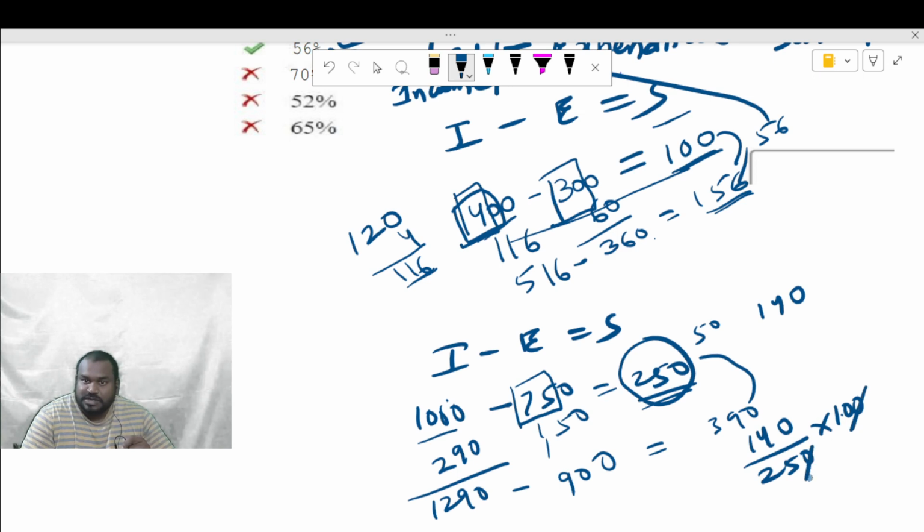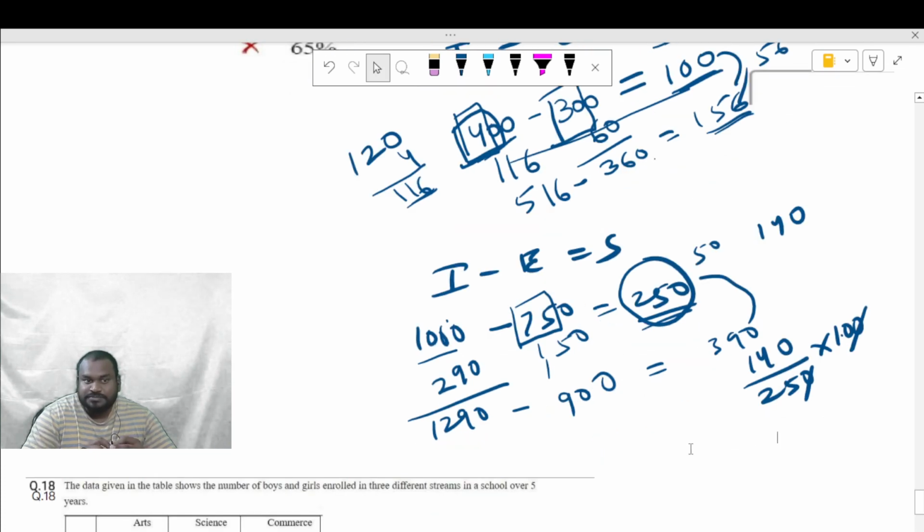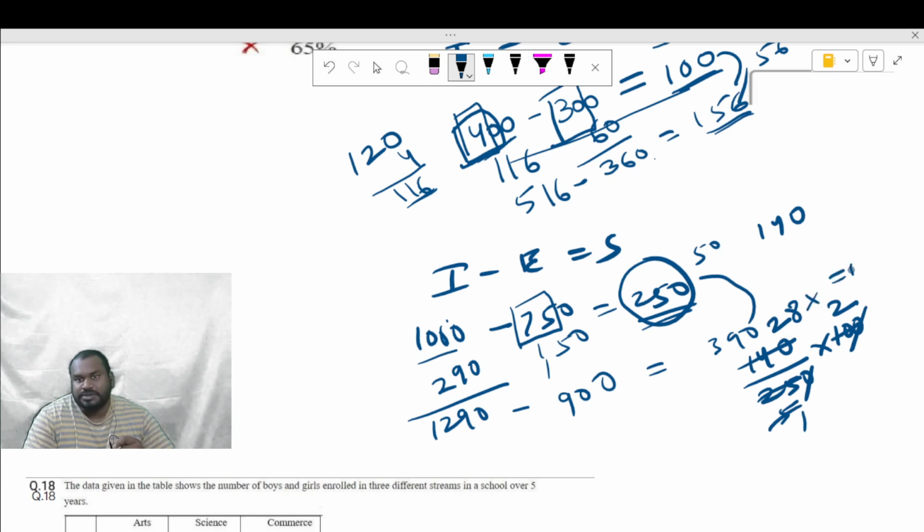One zero cancels, and now 1400 divided by 25. See, 5 ones are 5, 5 twos are 10, 5 eights are 40. 28, 2 into 2, 56.